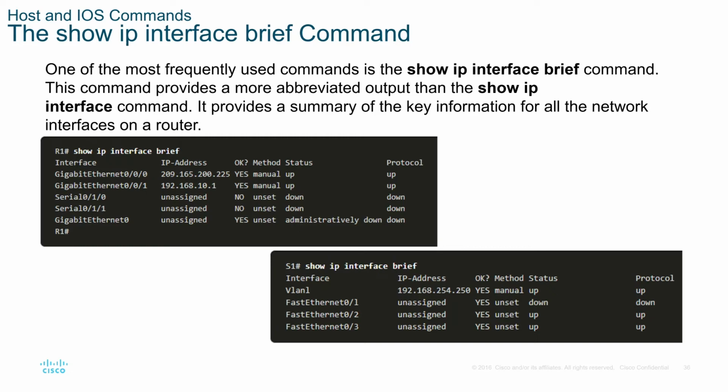Remember, status means electrical, while protocol is the actual protocol. You could have up and down, down and up... rather, up/up, up/down, down/down. You can never have down and up. It cannot be down electrically and still have the protocol functioning. Administratively down means that you did not put in the no shutdown command.